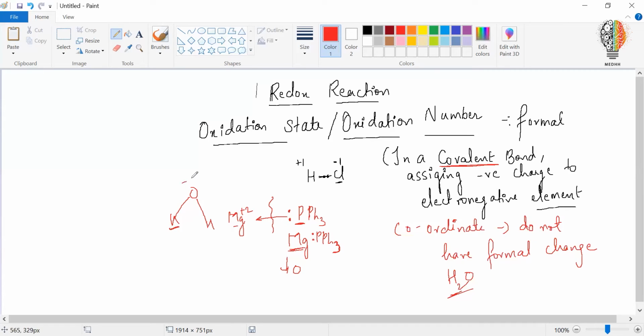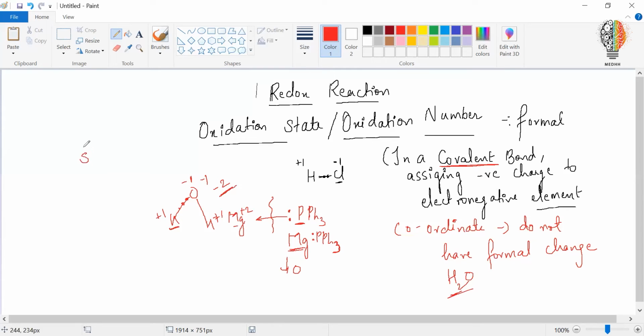So here it will be a -1 charge, then here it will be a +1 charge, because these both electrons are in sharing, and both of them will be held more closely towards the oxygen because of its being electronegative, right? Similarly for this also positive. So overall the oxidation state of the oxygen is -2. Okay students, I hope everyone is getting this point.